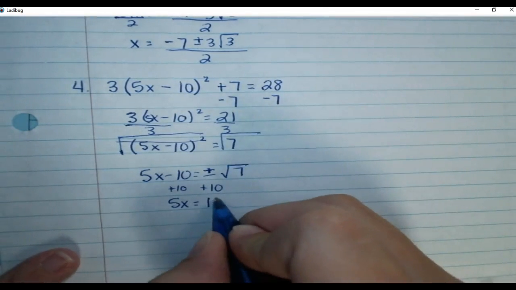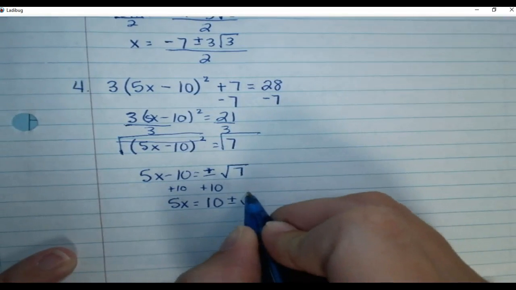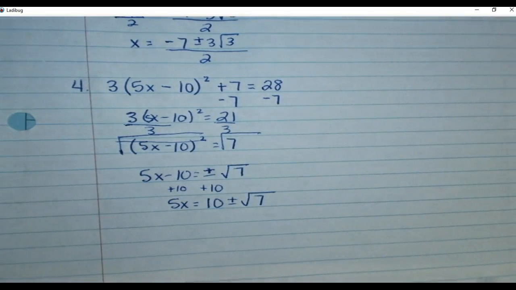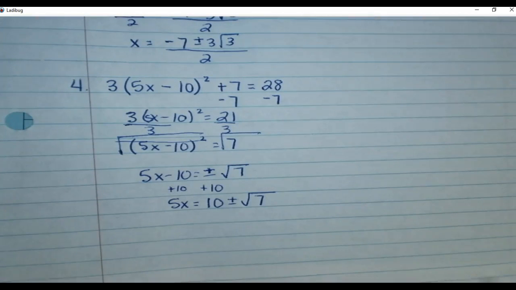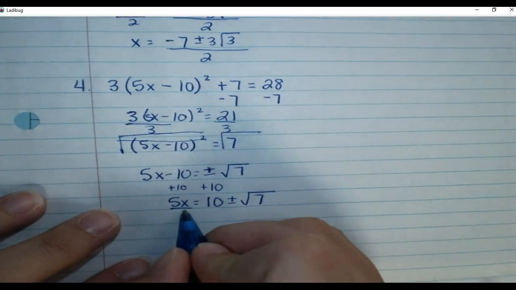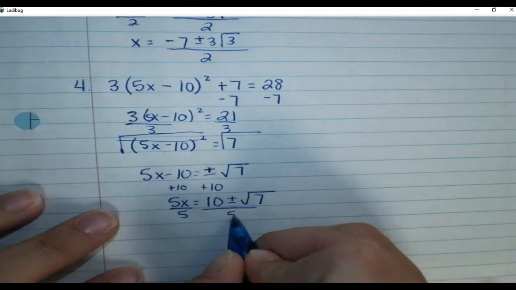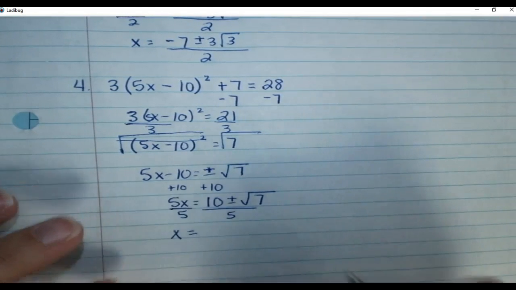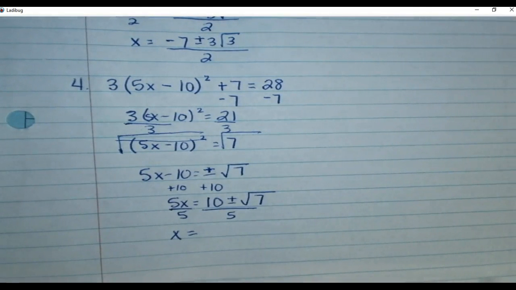So again, I'm going to put the 10 out front. It doesn't matter though, wherever you want to put it, as long as you have that plus or minus. And then what would be my last step? You got it. Now, I can do 10 divided by 5, but I can't do square root of 7 divided by 5.